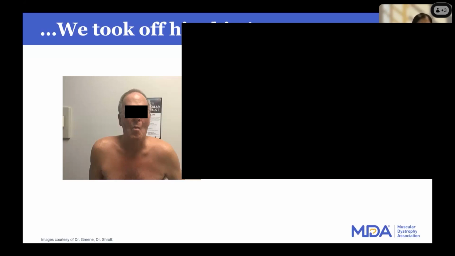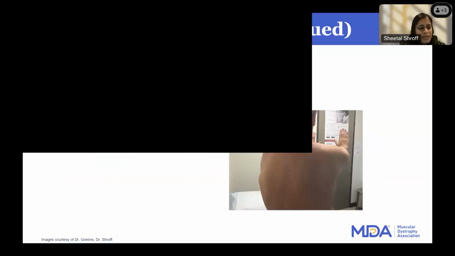Next slide, please. Here, the picture on the left shows that the arm and forearm are about the same size. That tells us there is atrophy of the muscles around the shoulder girdle and the arm.